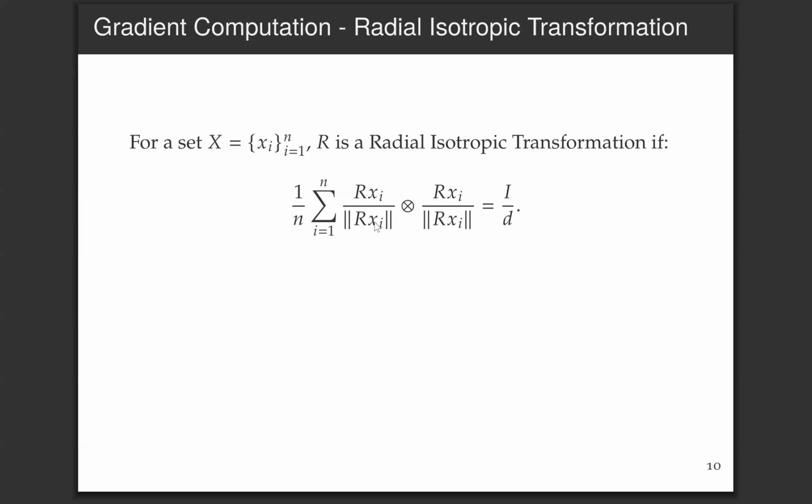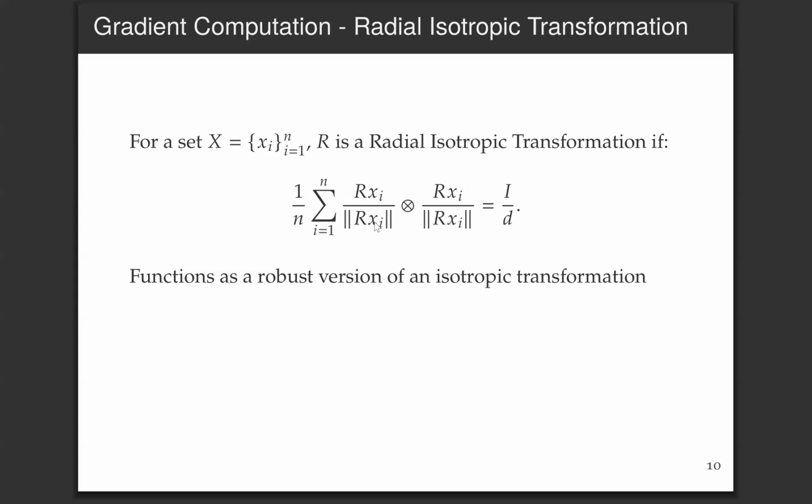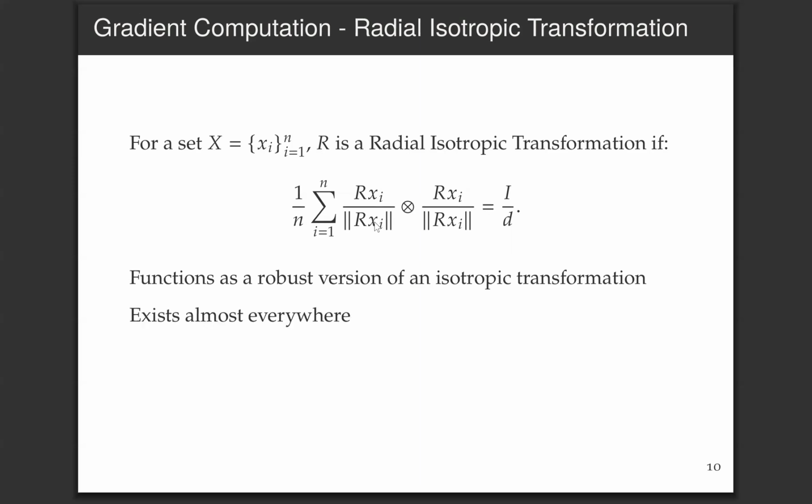The second moment after this rescaling is a constant factor times the identity. You should think of this as a robust version of the isotropic transformation, which does not depend too much on the length of any single data point. You can show that such a transformation exists almost everywhere over the point set capital X, and when it exists, it's approximately computable in polynomial time.